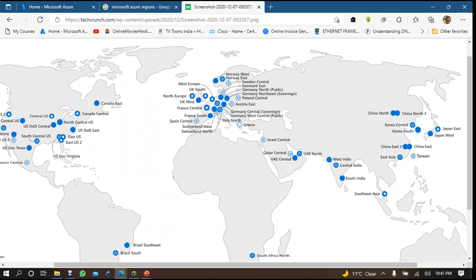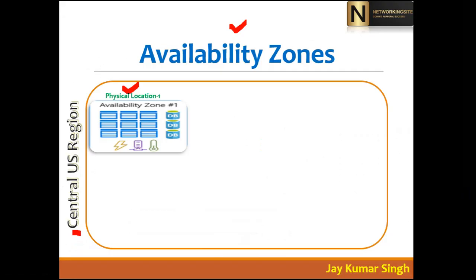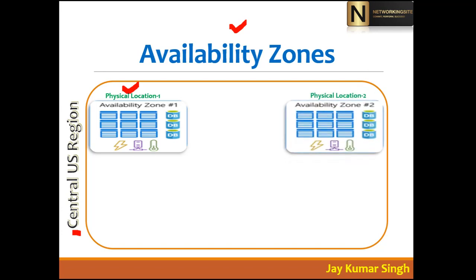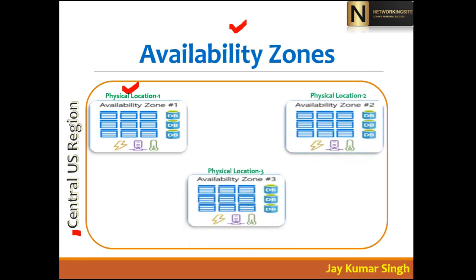Inside the Central India region, how has Microsoft separated the data centers? Microsoft divided the data centers of a single region into three zones: zone 1, zone 2, and zone 3. And why they have done it like this, you will understand.